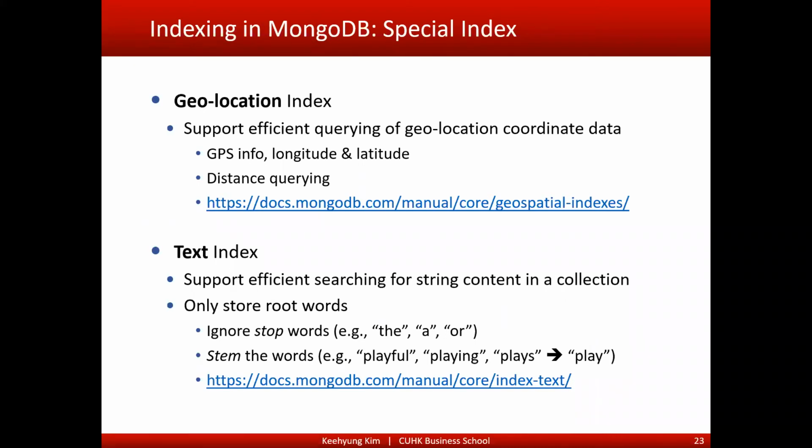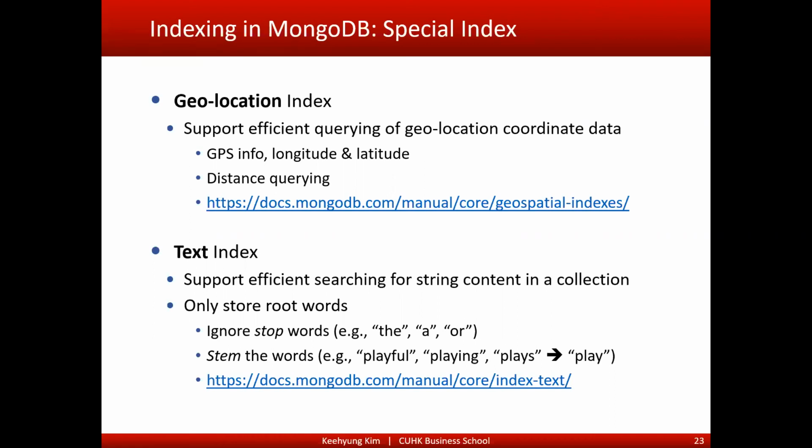Another type of index which is used quite often in the real world is a text index. A text index supports efficient searching for string content in a collection. When you have a text field in your document and you use the text index, you are able to do text searching simply by using a MongoDB function. This is really powerful, because usually when you design an application or an online service, you have to design the search functionality by yourself.